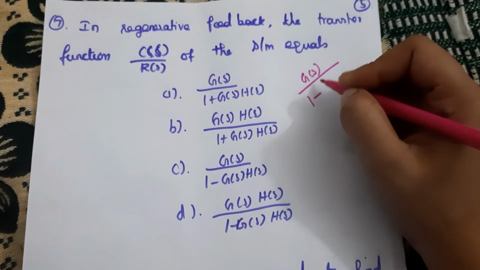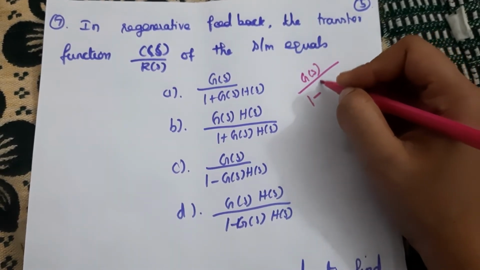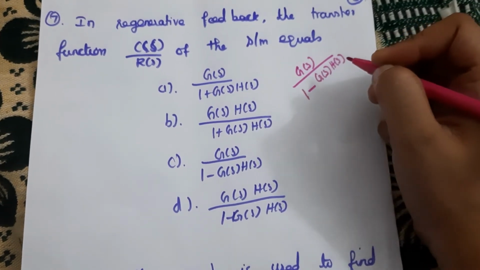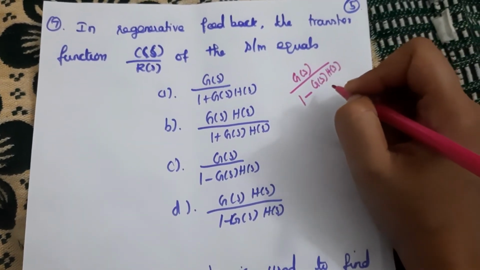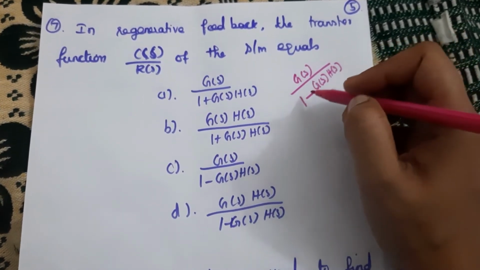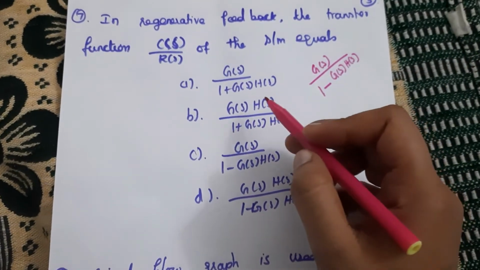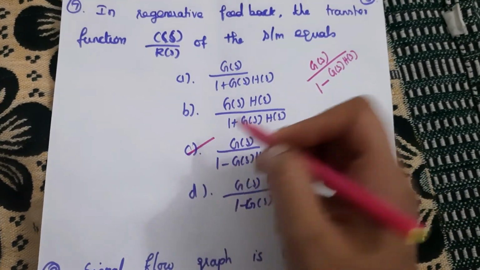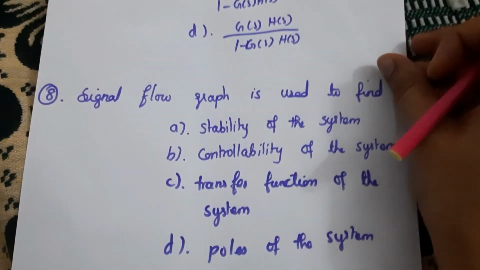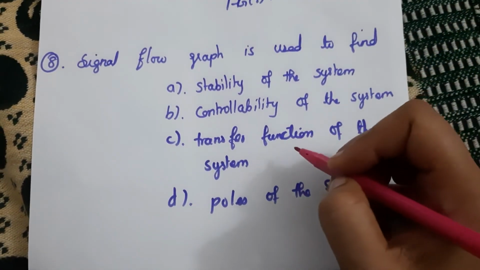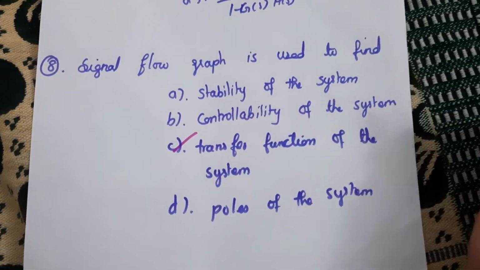H of S is the feedback and G of S is the loop gain, so the loop gain is G of S and H of S. So this is the transfer function for a regenerative feedback system. Here the answer is G of S divided by 1 minus G of S into H of S. C is the answer. Next question: the signal flow graph is used to find the transfer function of the system. So here the answer is C.